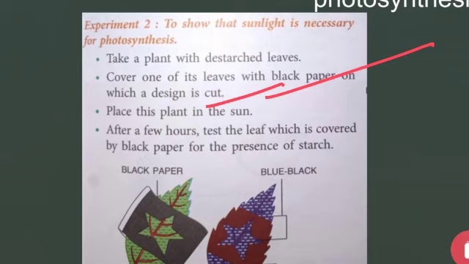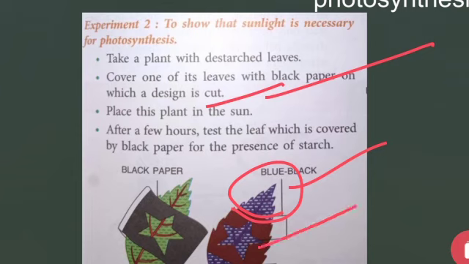After a few hours, if we test it for starch, the place where the leaf was exposed to sunlight turned blue black, which means it contains starch. Because the surface was exposed to sunlight, it was able to produce starch.